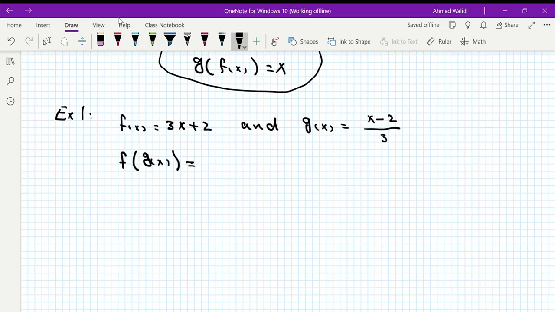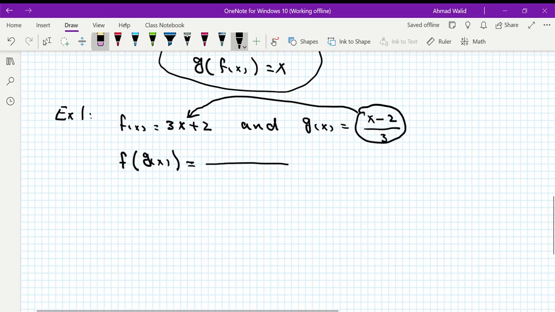f of g of x equals, plug in g into f, remember? Then f of g of x equals 3 times (x minus 2) over 3, plus 2.